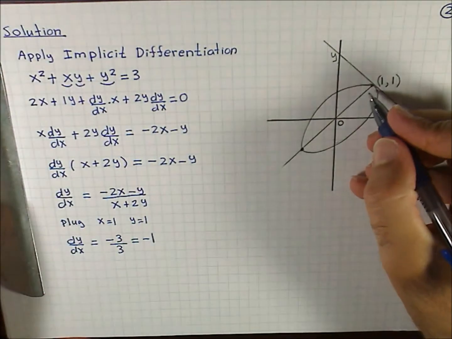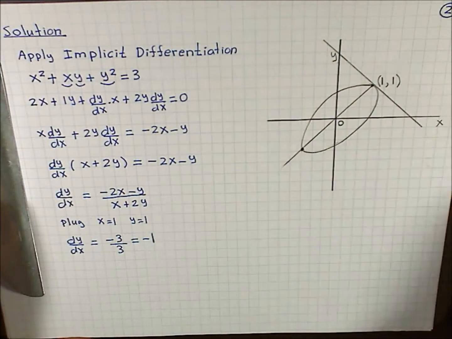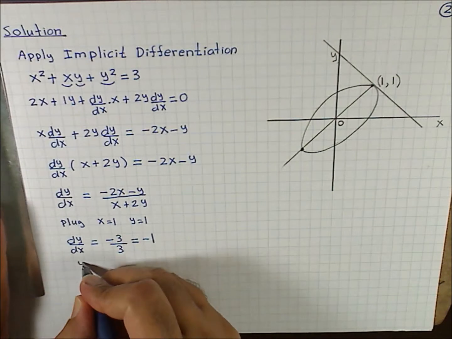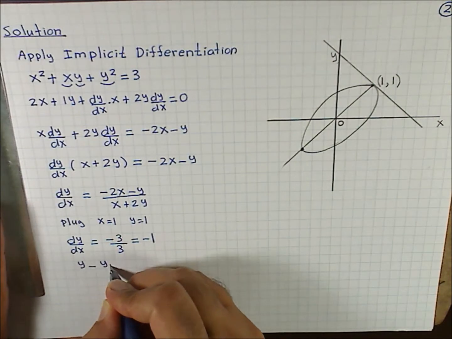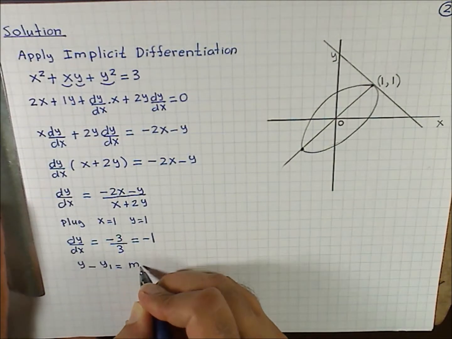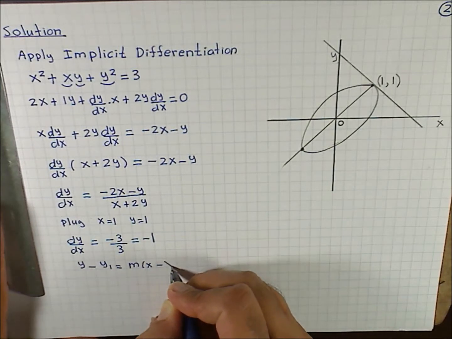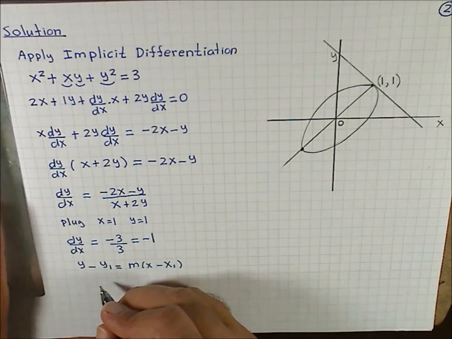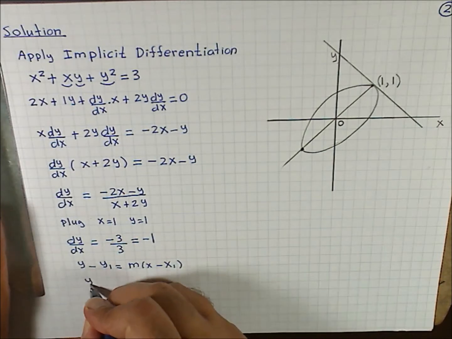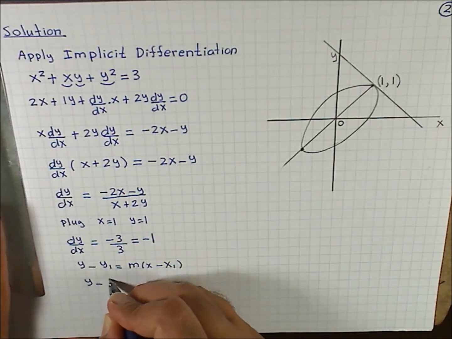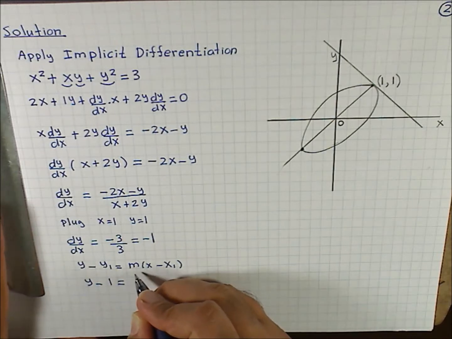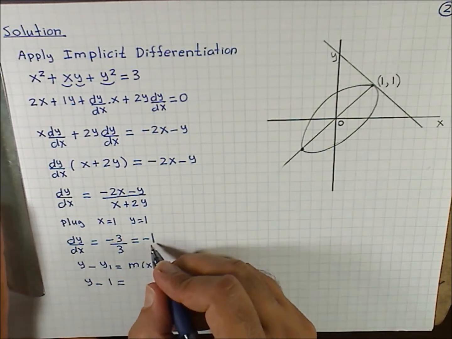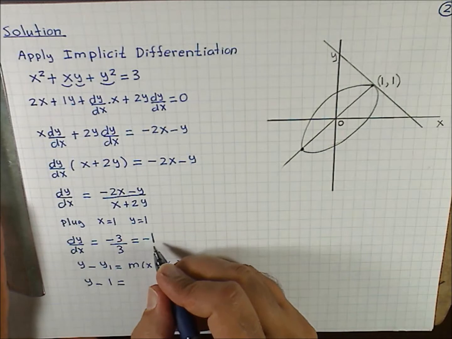Alright, what is the equation of this perpendicular line? We have y minus y1 is m times (x minus x1). This is the point slope form. We're going to plug in the slope here. y minus 1 is equal to, but the slope that we plug in is not negative 1. It's the negative reciprocal of this number.